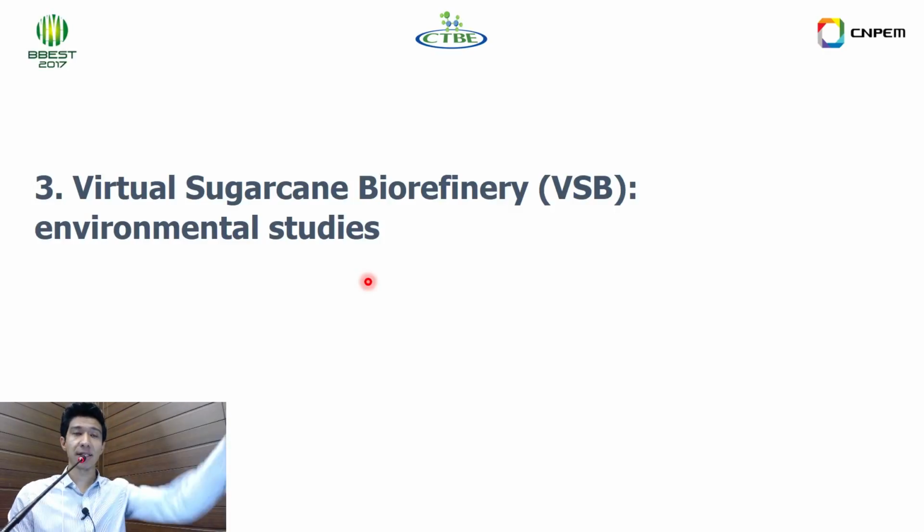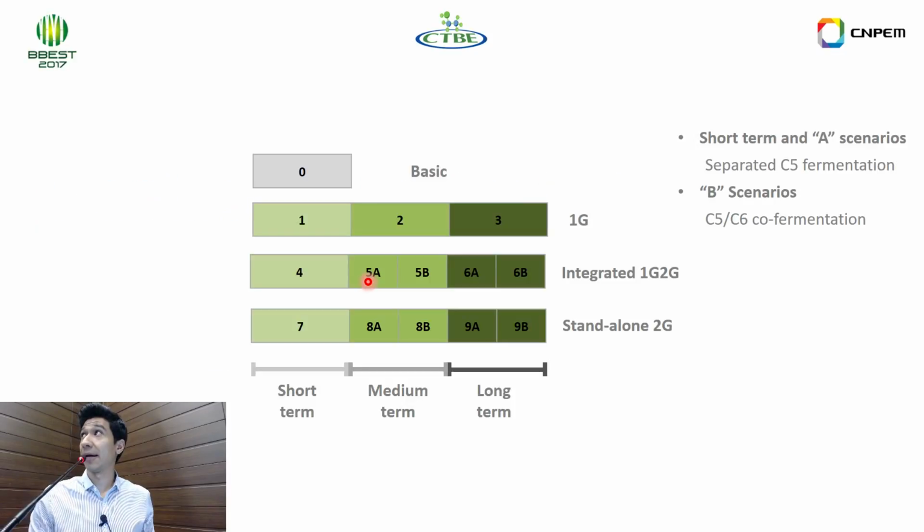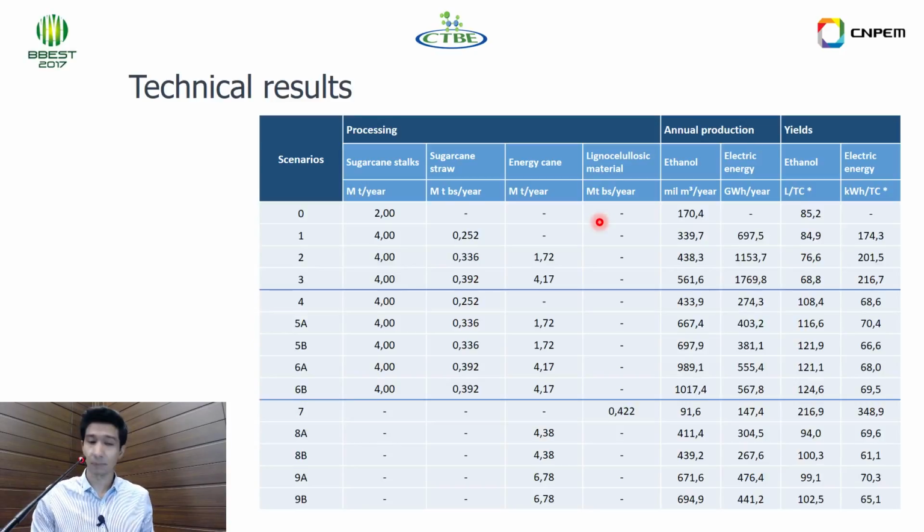The third part is the assessment of the same scenarios, but considering the environmental impacts. Again, the same 14 scenarios of integrated second generation, standalone second generation and first generation facilities. Here we also have a very complex table, but it's okay.